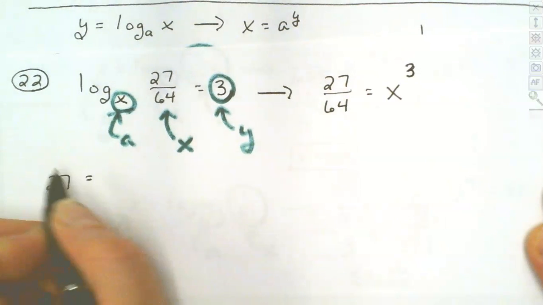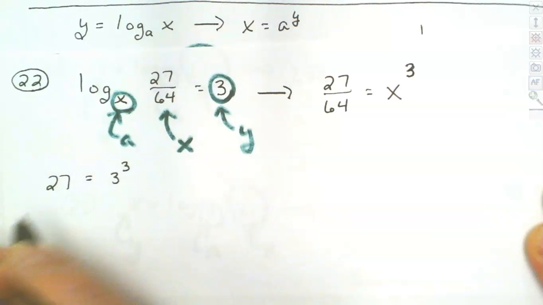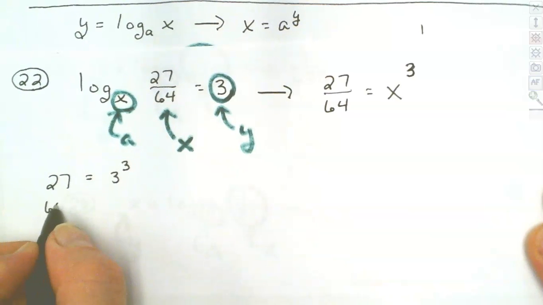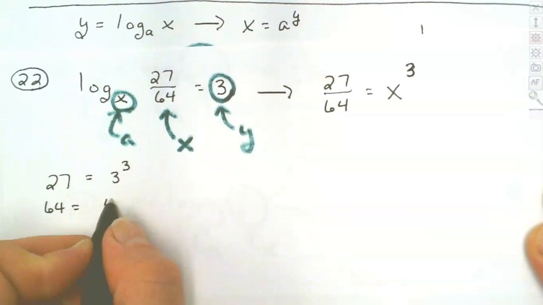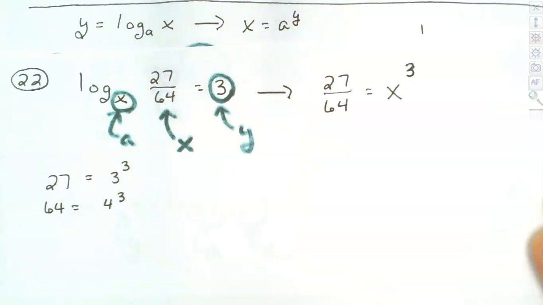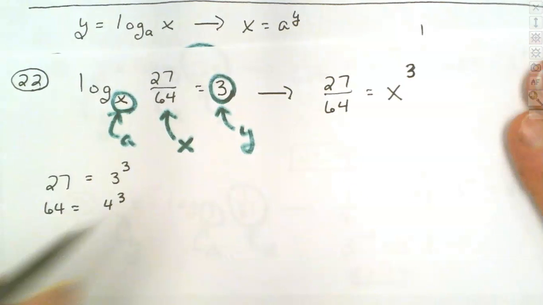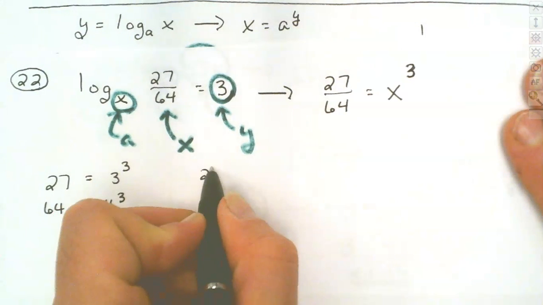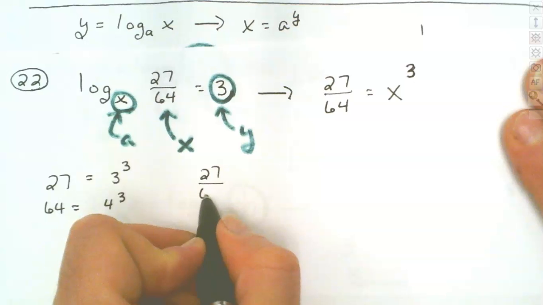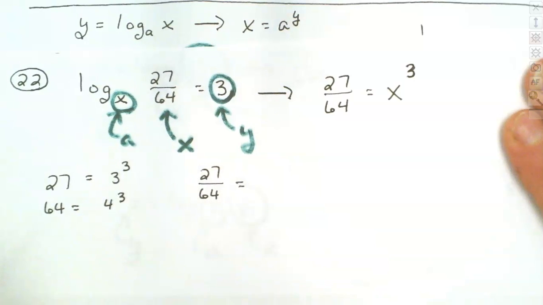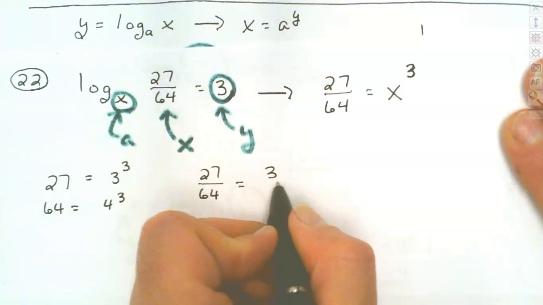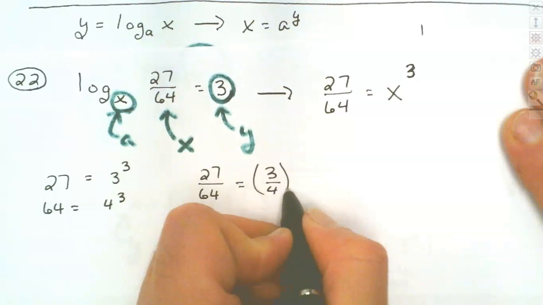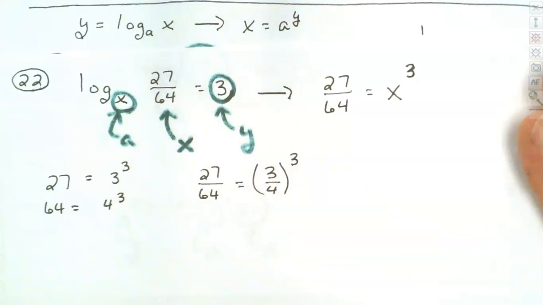Well, 27 is 3 cubed, and 64 is 4 cubed, right? Okay. So now what do we know about our fraction? Well, we know that 27 over 64 is the same as 3 over 4 to the 3rd power.